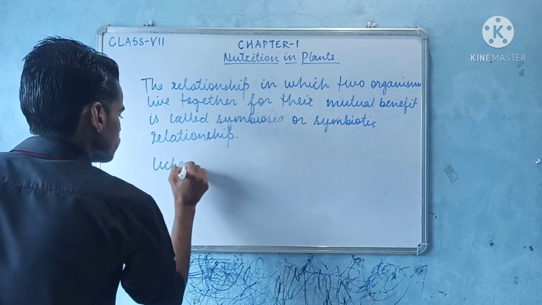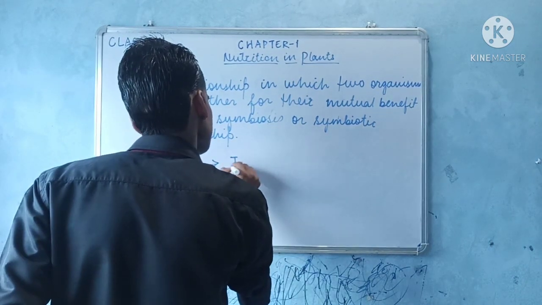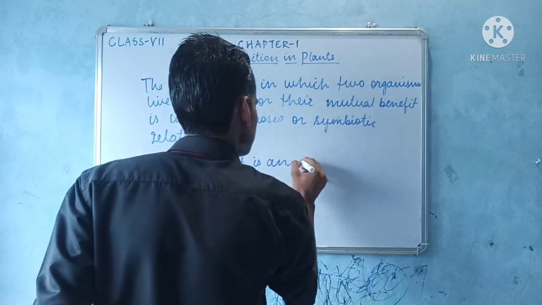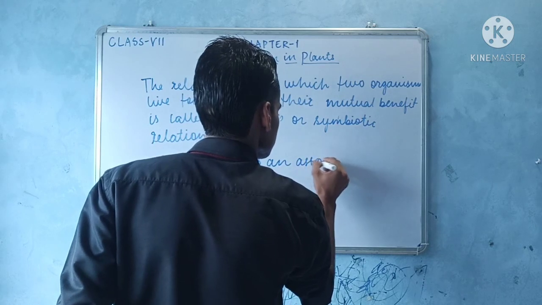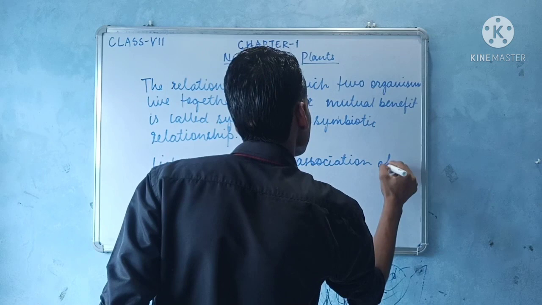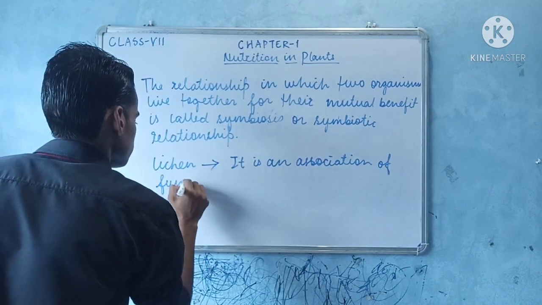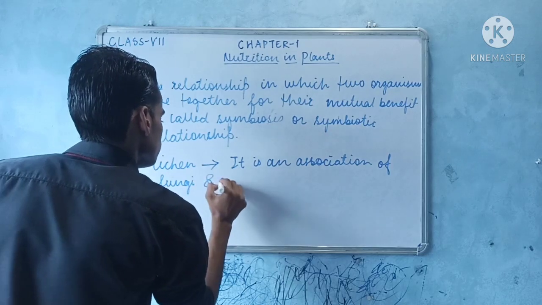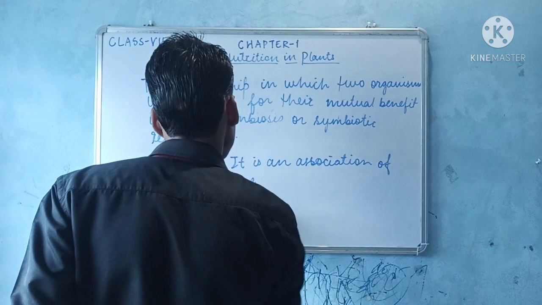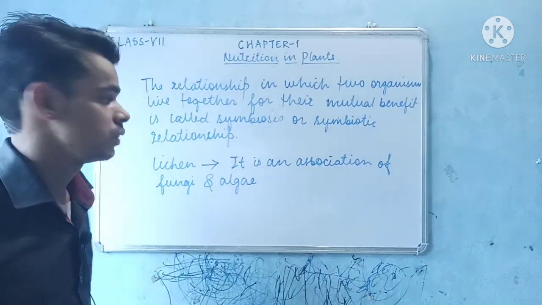Lichen. It is an association of fungi and algae. This is a relationship for mutual benefit.